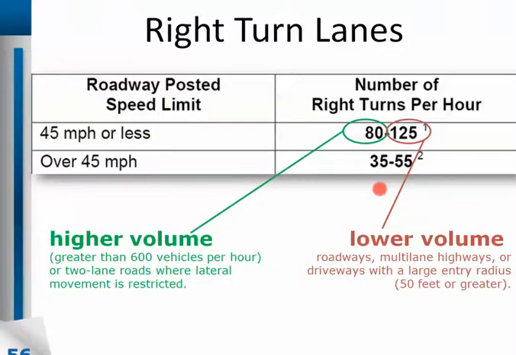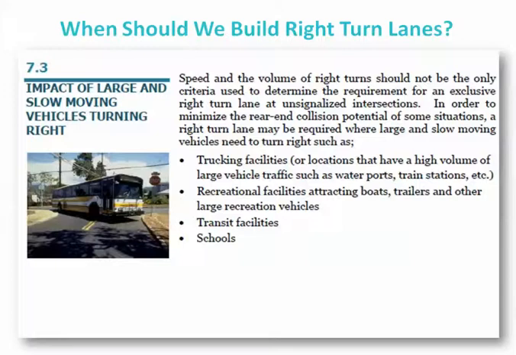And we do the same thing here for both. I'm not going to go into any detail here, but as I said, we have an entire chapter on this. We talk about, what if there's only a few turns an hour? Should we have them build a right turn lane? And the answer is, yeah, sometimes.